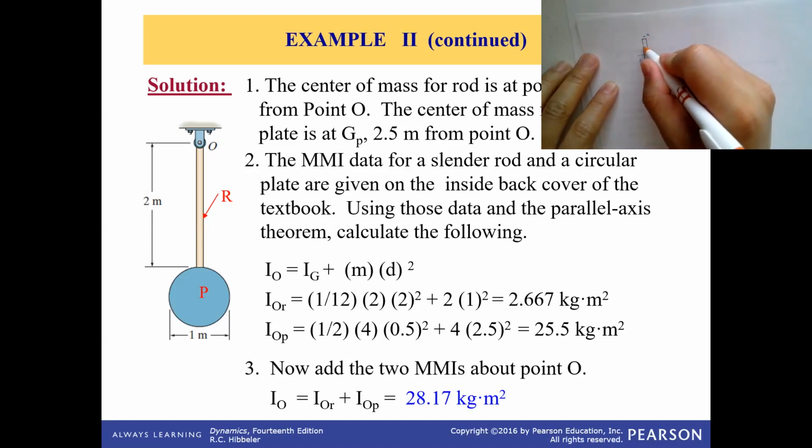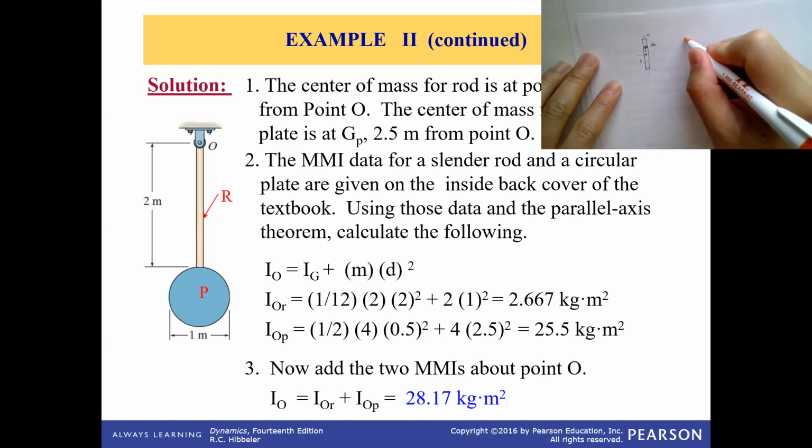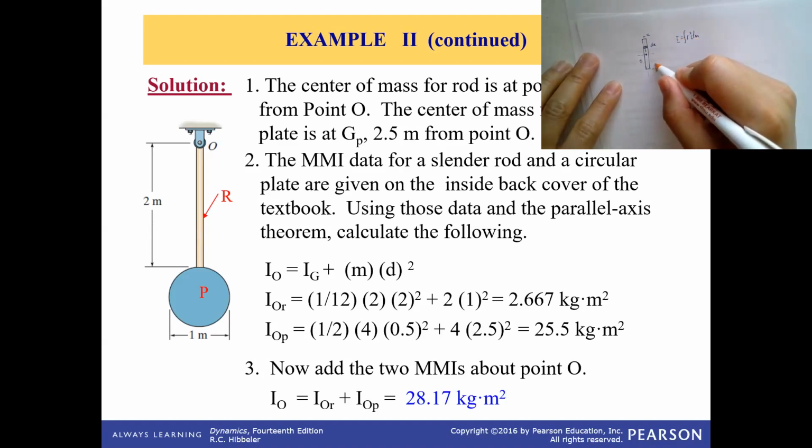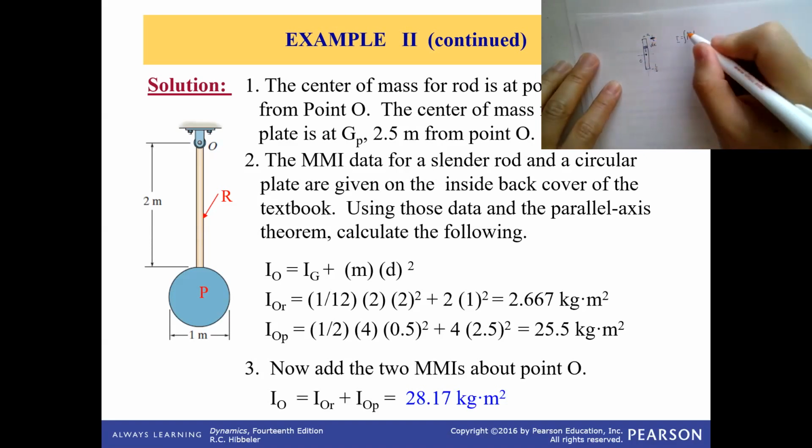You're going to pick any differential element here, of length ds. Then you'll be doing r squared dm, that's the I. You're integrating from -1/2 L to positive 1/2 L, so from the negative side to the positive side.